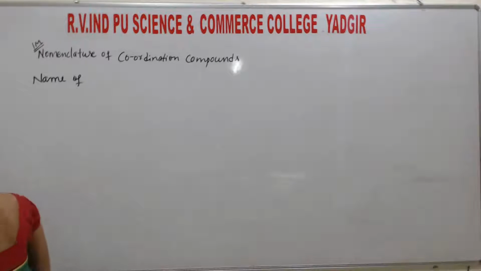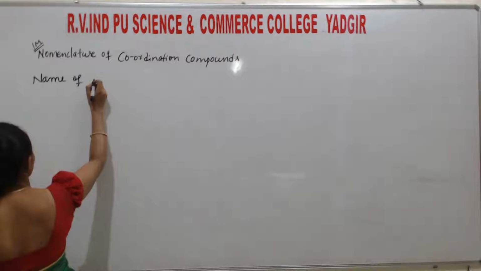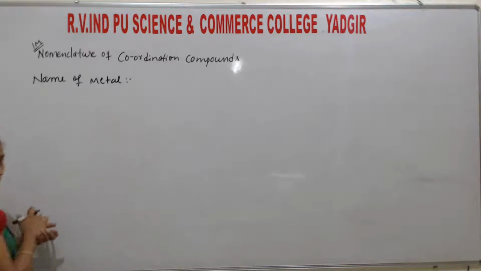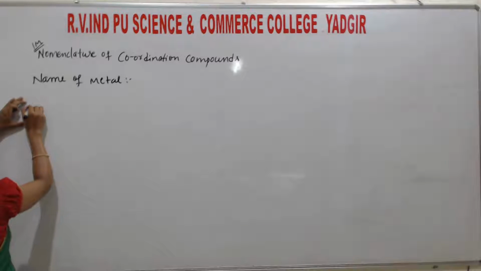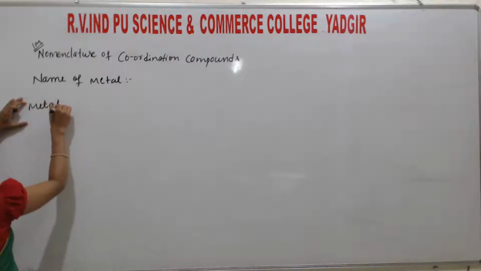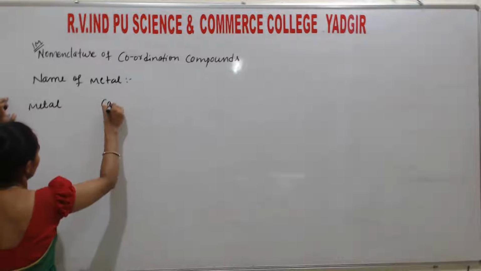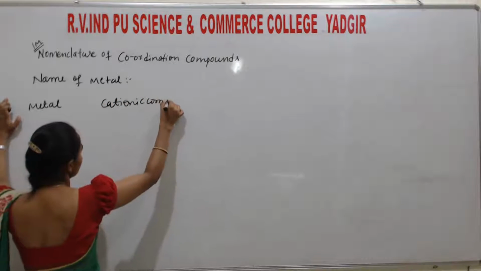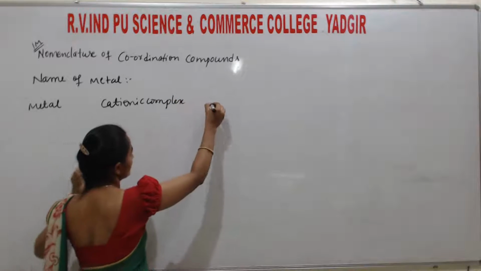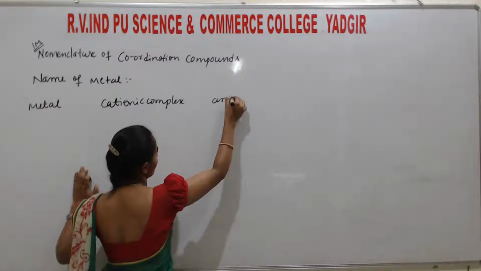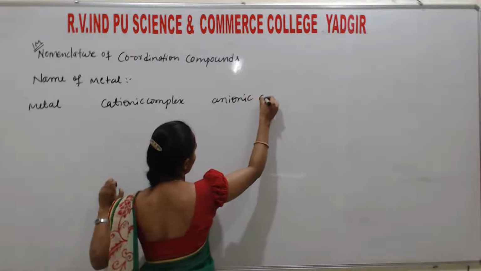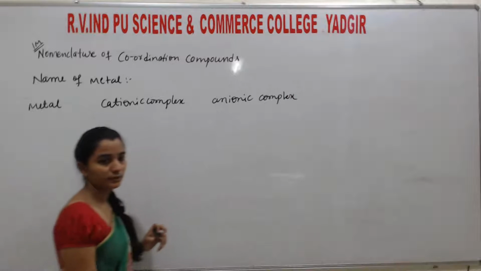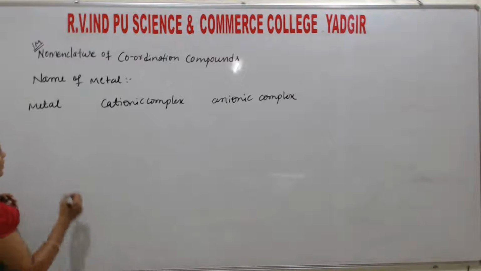So the name of the metal: cationic complex, anionic complex. Okay. So here what happens?